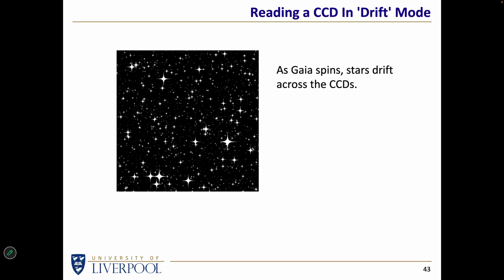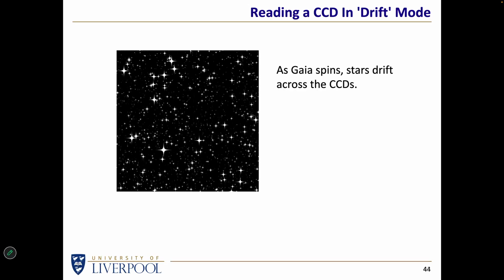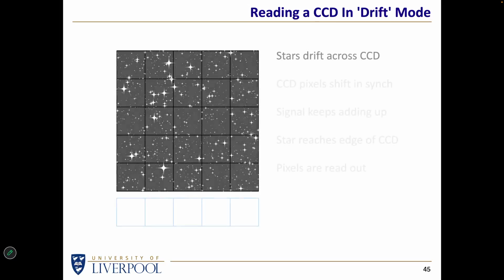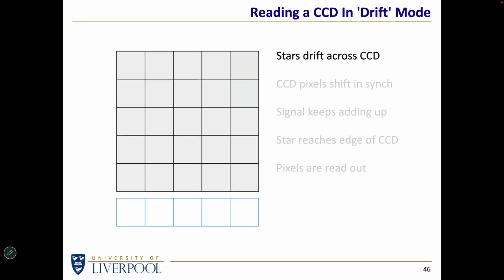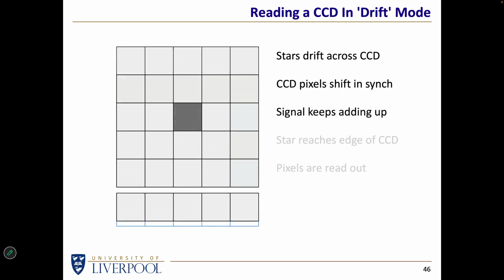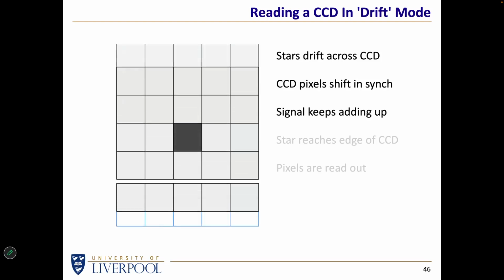So Gaia is spinning, which means the stars are continuously moving across the CCD. The clever bit about how Gaia works is that the CCD is continuously read out. It is continuously shifting exactly in synchronization with how the stars are drifting across the CCD.